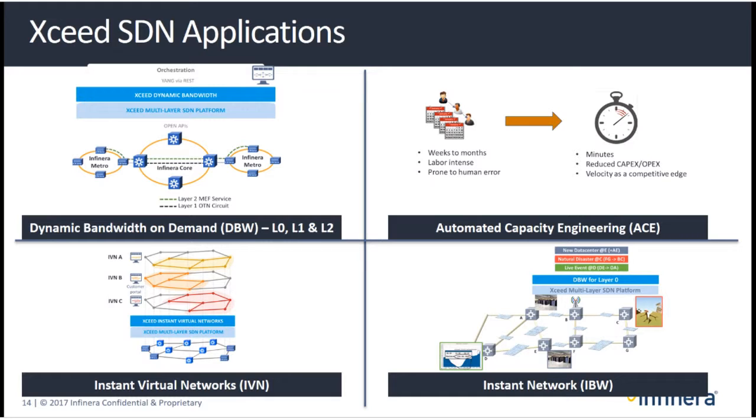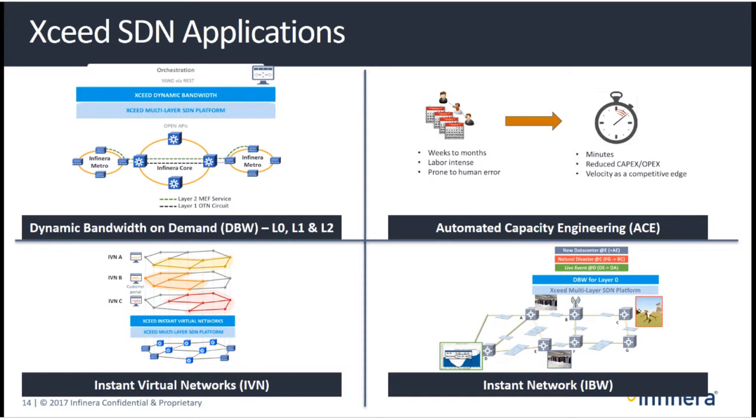Instant Network is unique in Infinera's offering, which leverages the instant bandwidth concept on the network elements. Instant bandwidth is software defined capacity which enables additional capacity based on software licenses.